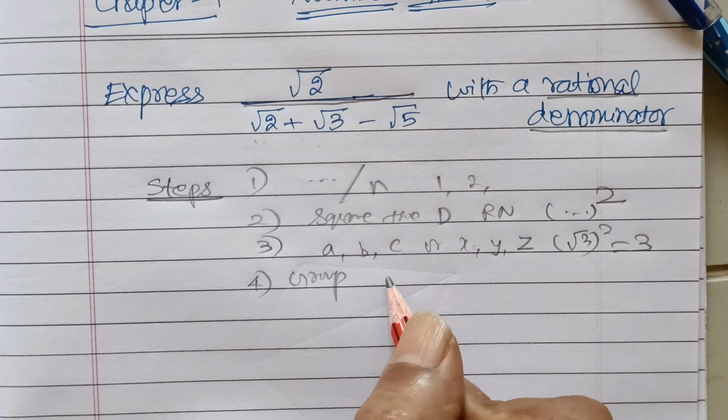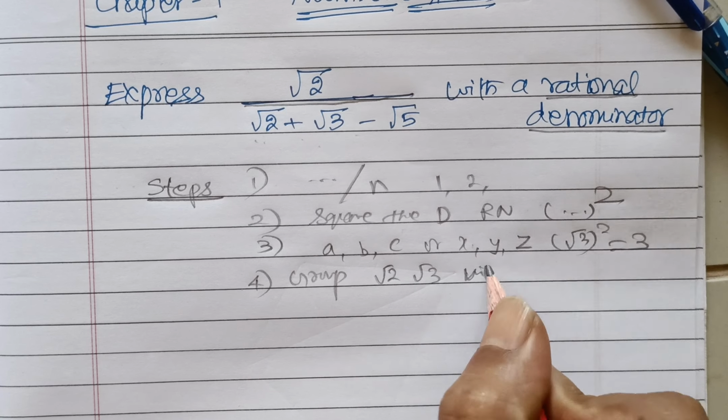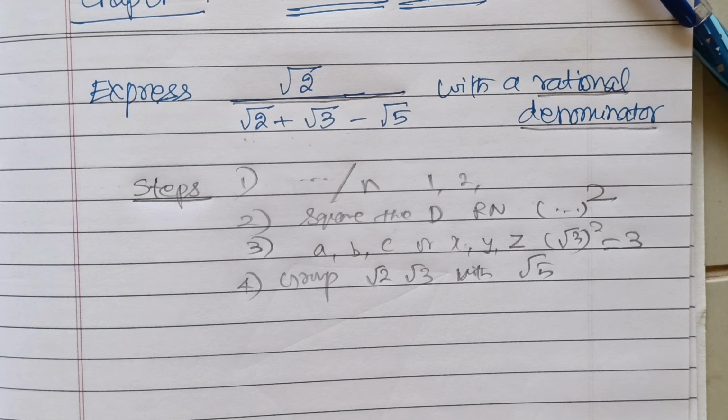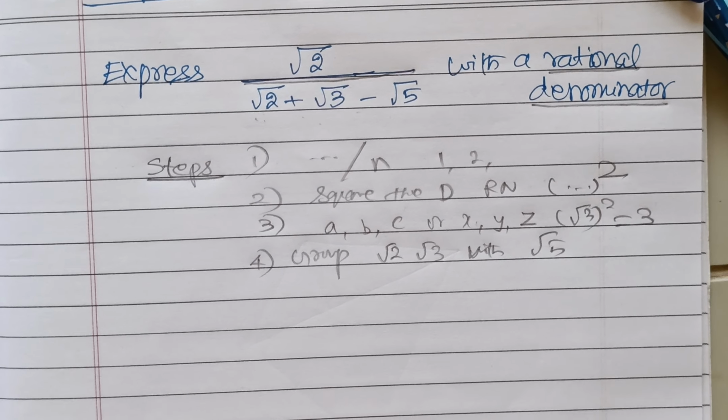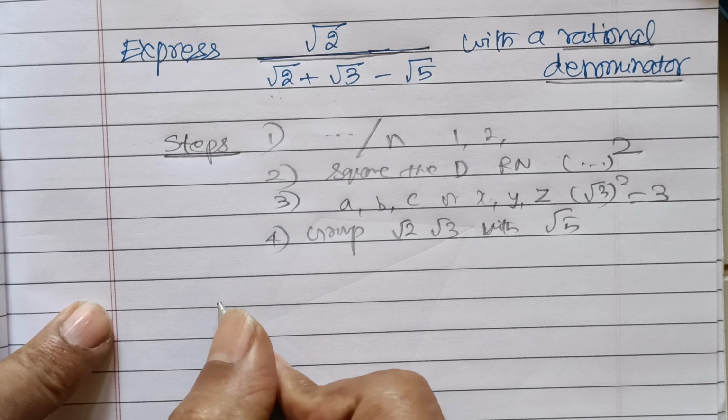So let us group the root 2 and root 3 with root 5. Okay. So these are the 4 steps, or something like that should be your thought process before we do the sum. Okay, let us now look at the denominator.